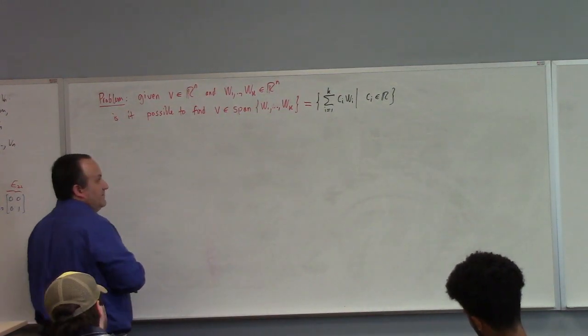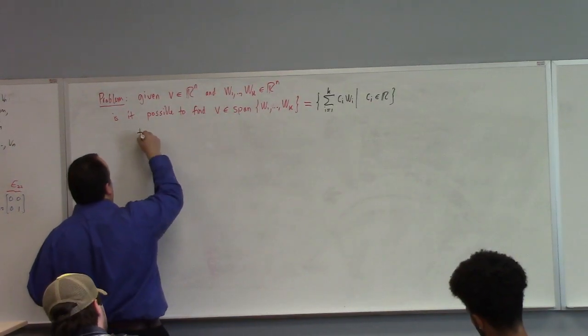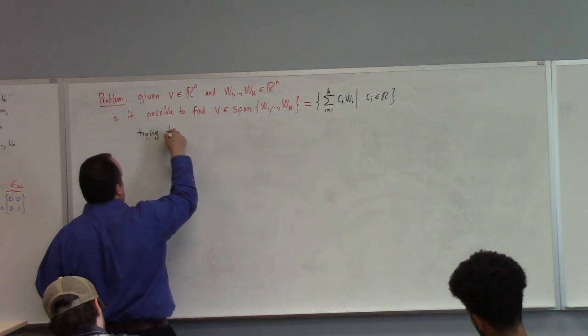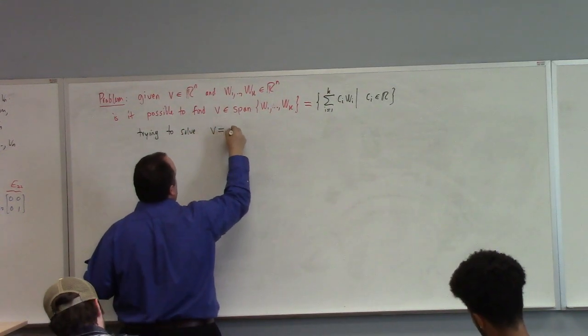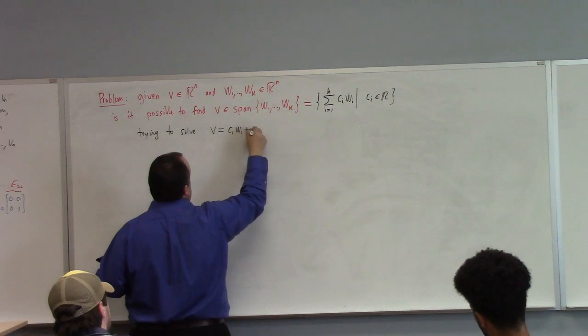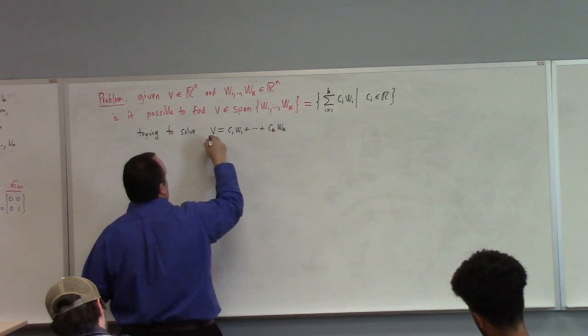In other words, let me rewrite this problem again one more time. We're trying to solve v is equal to c1 w1 plus dot dot dot plus ck wk. Can we solve this?